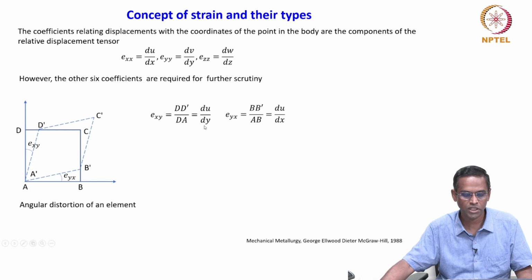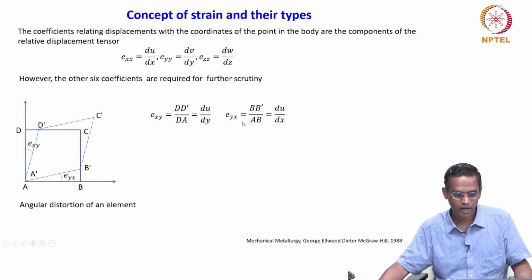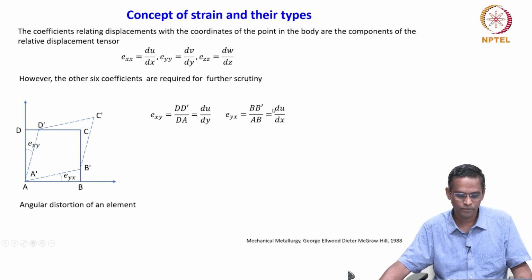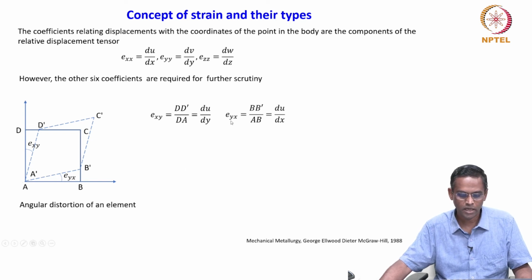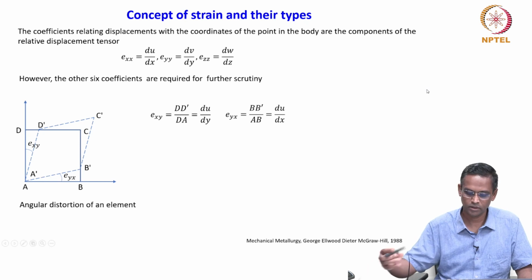Okay, that is a shear strain. Similarly, you have EYX, that will be BB, this is in the y direction, and divided by AB, this distance will give you EYX, that is dV by dx.